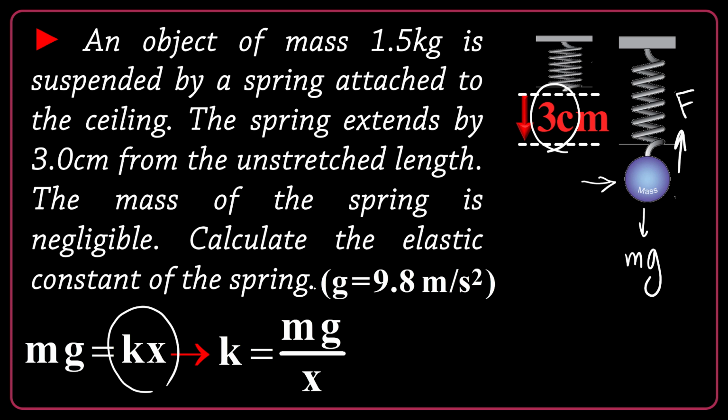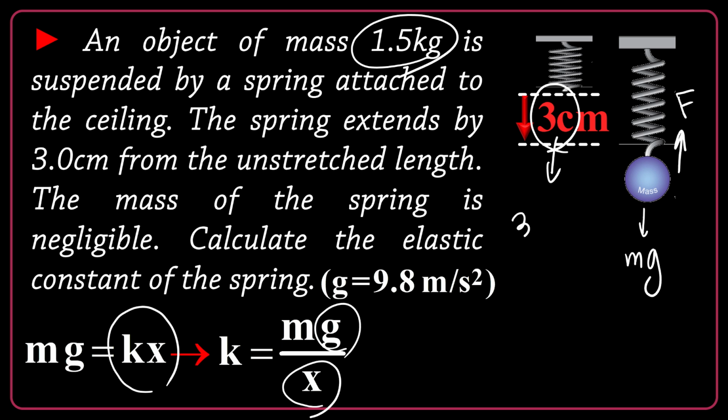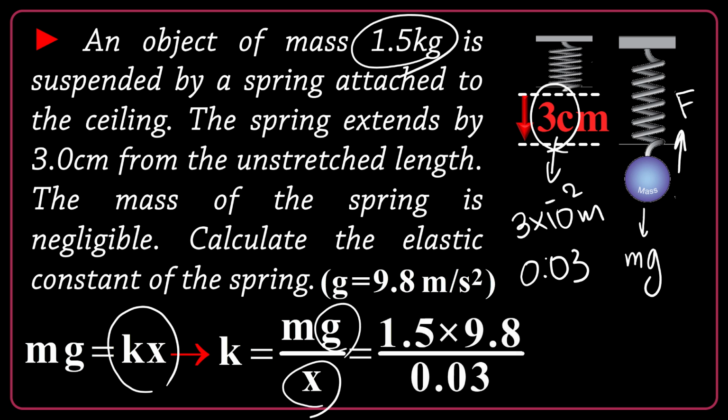Here, mass is given to be 1.5. We have no problem with that. And g is given to be 9.8. But downstairs is x. x is 3 centimeters. It must be in SI units. So let's say it is 3 times 10 to negative 2 meters, or 0.03. So I put the downstairs in SI units.